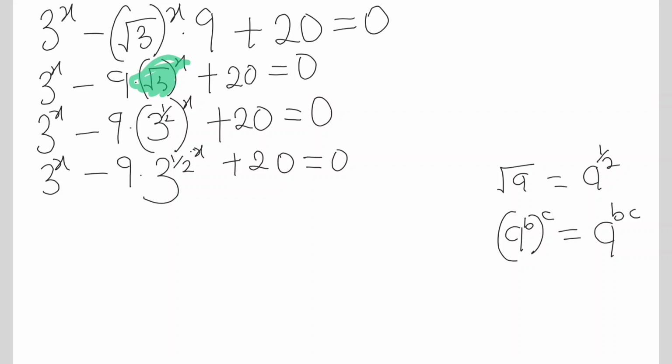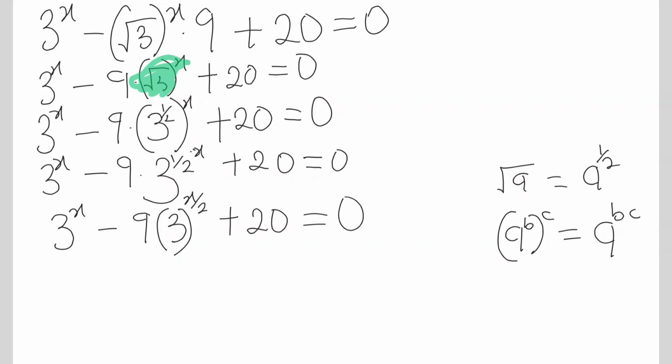So we'll be having altogether 3 raised to the power of x minus 9 times 3 raised to the power of x over 2 plus 20 equal to 0.